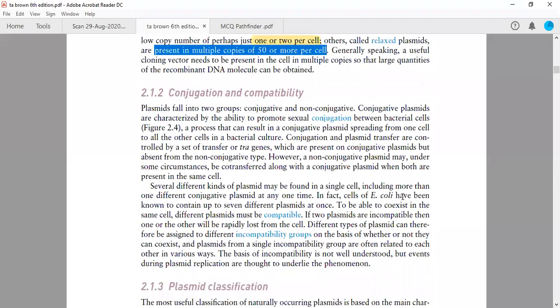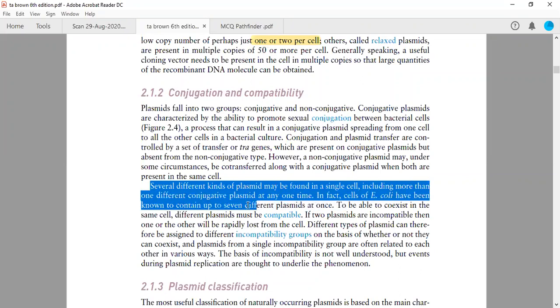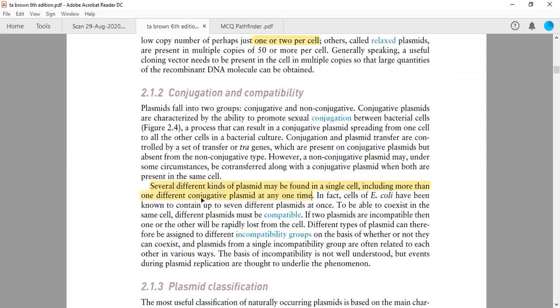The second important thing is compatibility. It is written that several different kinds of plasmid may be found in a single bacterial cell, including more than one different conjugative plasmid at any one time. So the F plasmid is one kind of conjugative plasmid, which is responsible for the formation of the pilus structures required for sexual conjugation in bacteria.